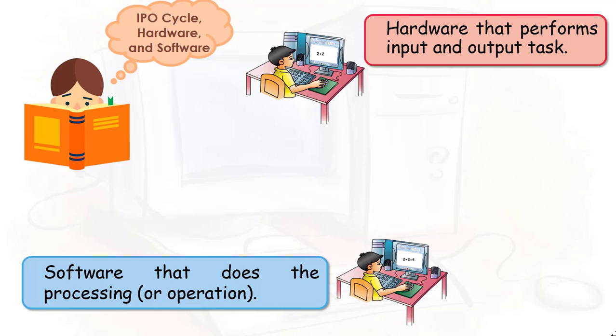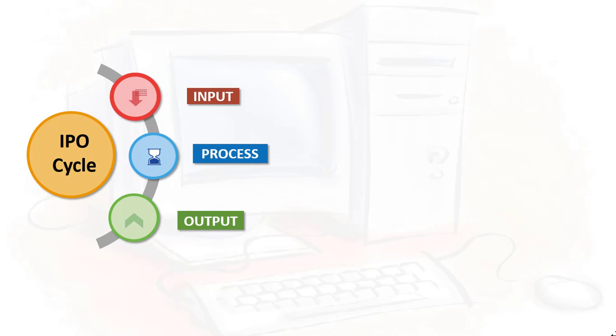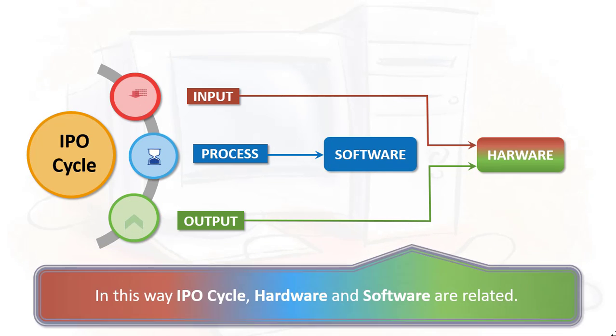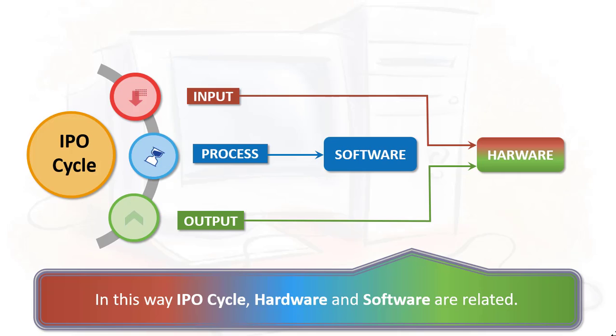That means in the IPO cycle, the processing part of the computer system is done by software. Let's take a look at the diagram. In the IPO cycle, input and output are related to hardware, whereas process is related to software. In this way, the IPO cycle, hardware and software are related to each other.